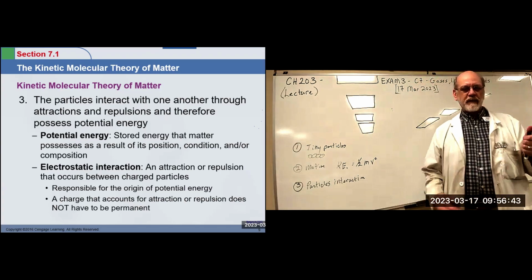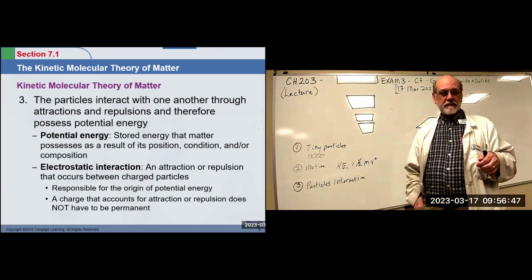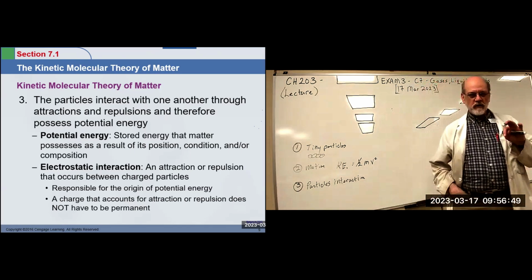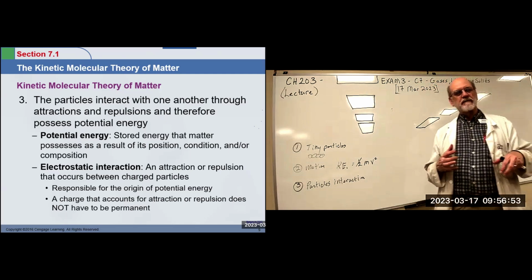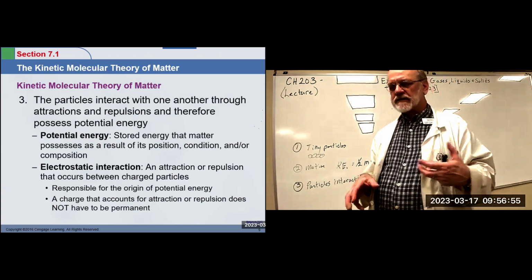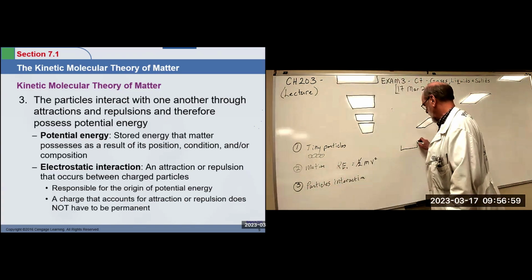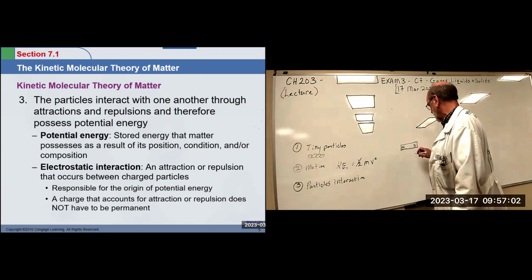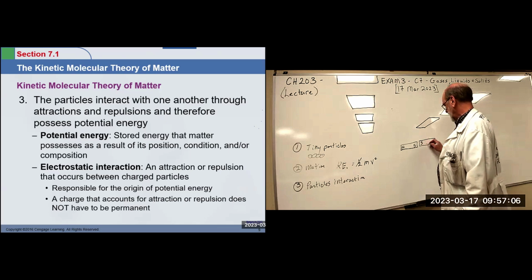One that I left out, electrostatic interaction. An attraction or repulsion can be a form of stored energy. It's easier to show with magnets. If you take two magnets that have north and south poles, and you bring the south ends together, there's going to be a repulsive force.